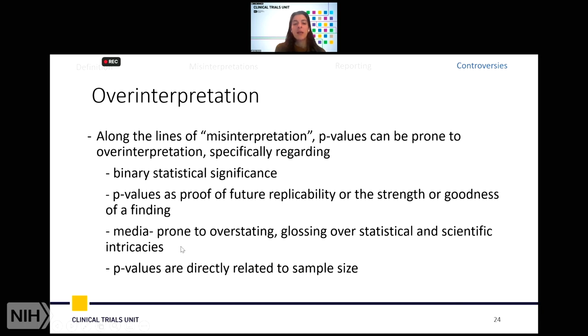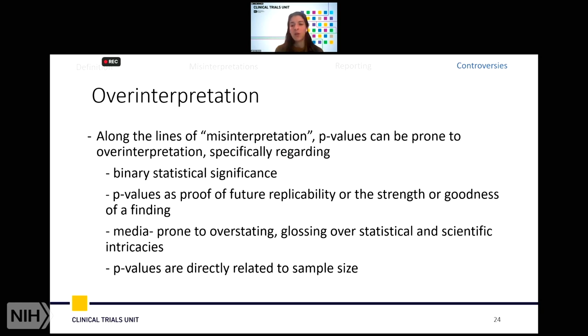And I think that in an effort to make our research catchy and interesting, and this is going to come back to the literature point I want to talk about at the end, we sometimes overstate the findings, or we use a p-value to leverage discussion about other close significance results or things of that nature. And I think in an effort to gloss over some of these statistical and scientific intricacies of your study, you allow other people to overinterpret your work as well.